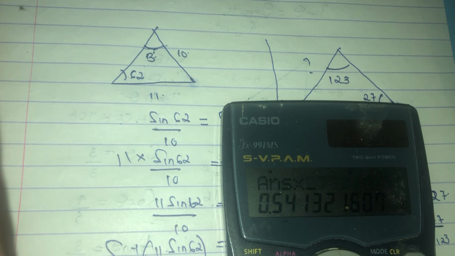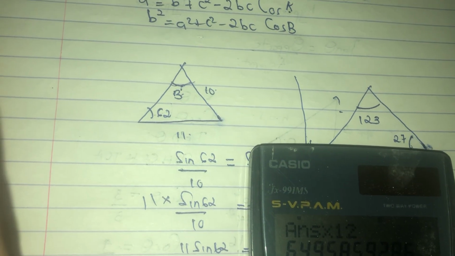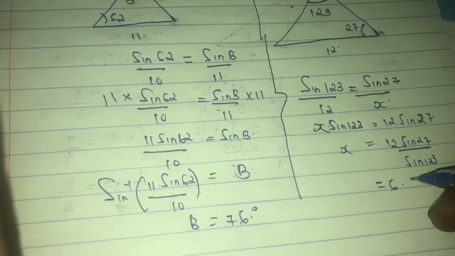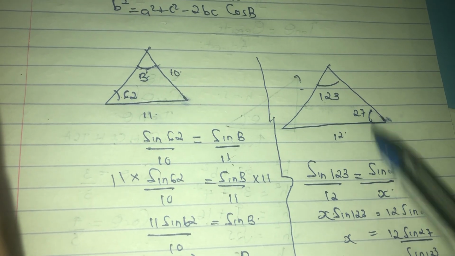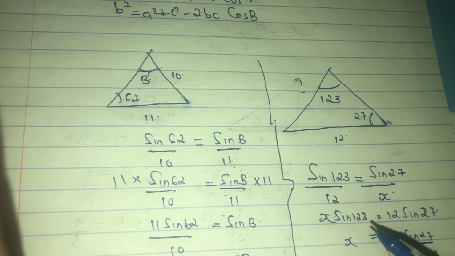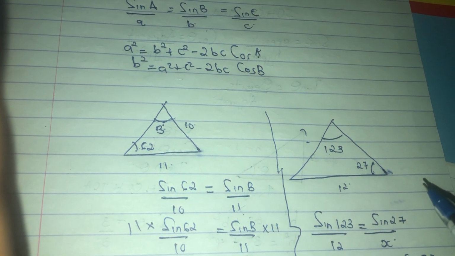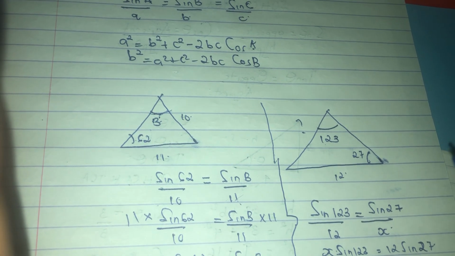When I calculate it, sine 27 divided by sine 123 times 12, our answer is 6.49. So our distance will be 6.49. So sine normally works when we have two angles that have been given, and it would be the best formula to use for this instance.